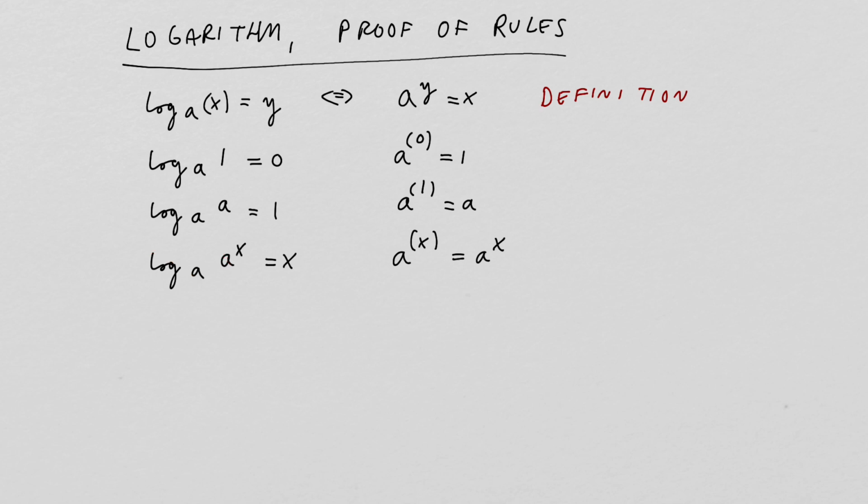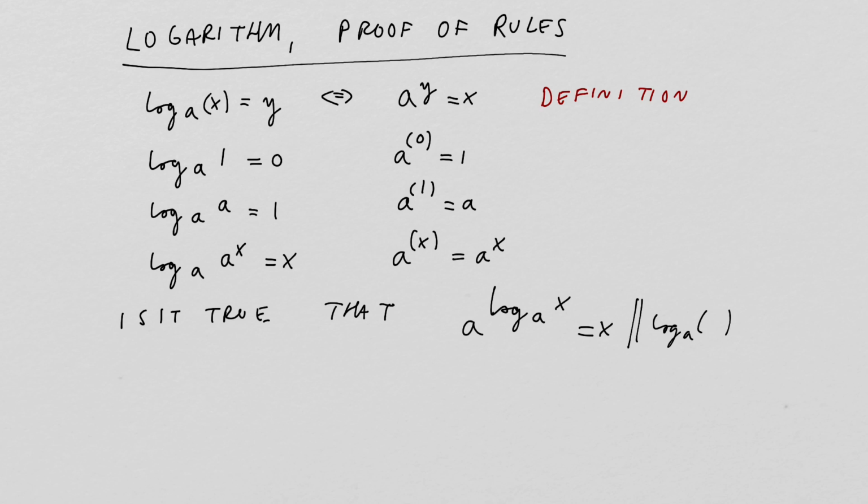We can also think about that. Is it true that a to power logarithm of base a of x would give x? Taking the logarithms of base a from both sides, we get something like this.